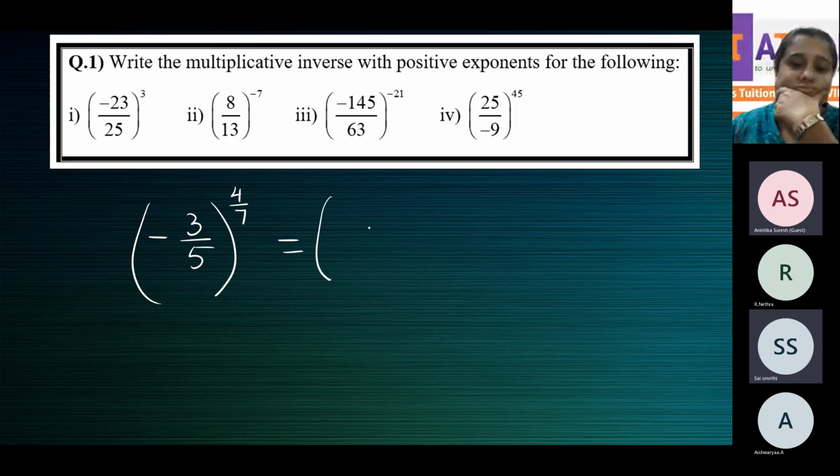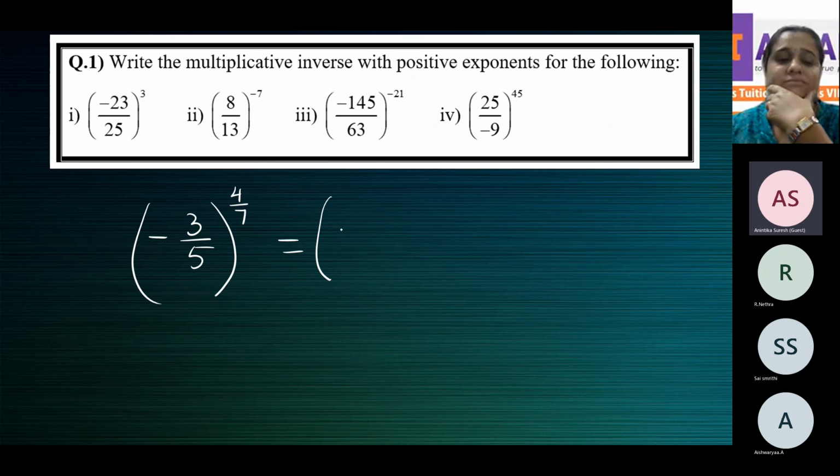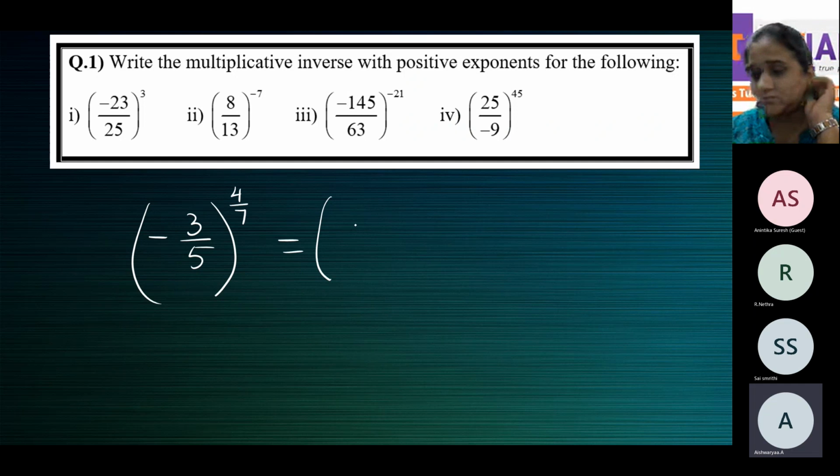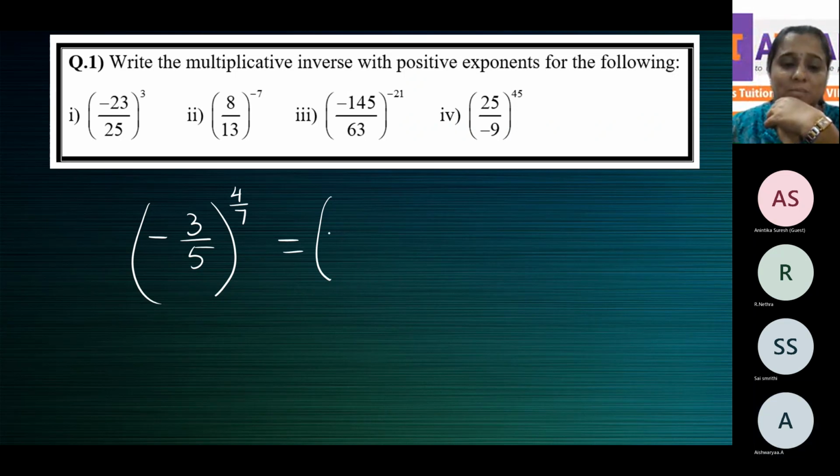Ma'am, the reciprocal of the base is 5/3, minus 5/3. You said 5/3 and minus 5/3, which is right. Aishwarya, yes, the reciprocal of the base is minus 5/3. Minus sign will remain.